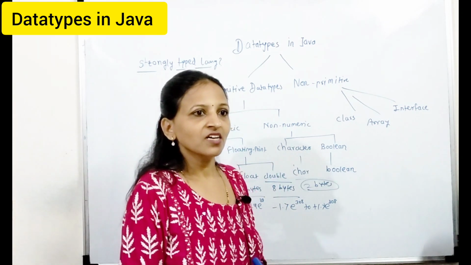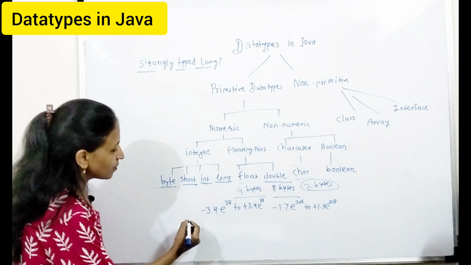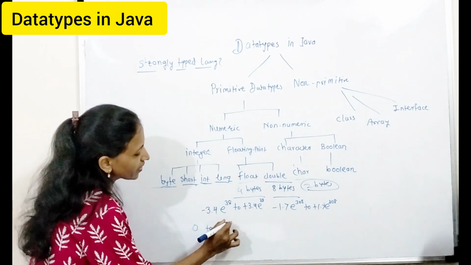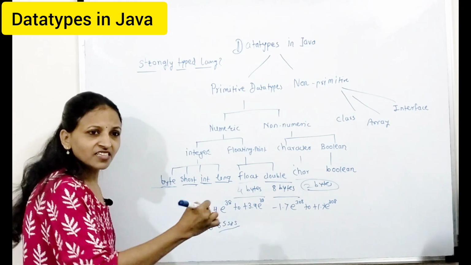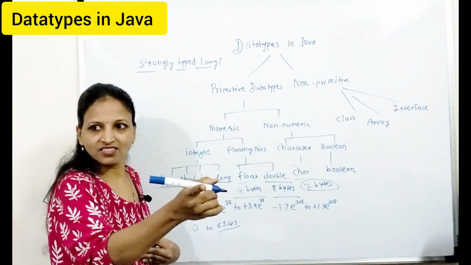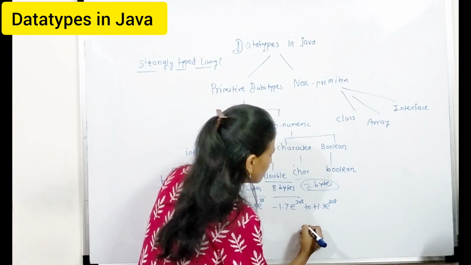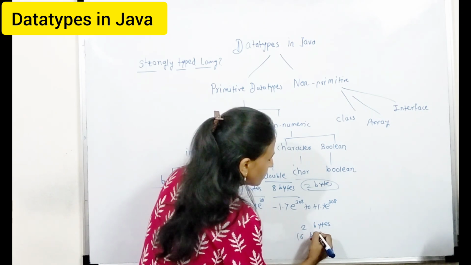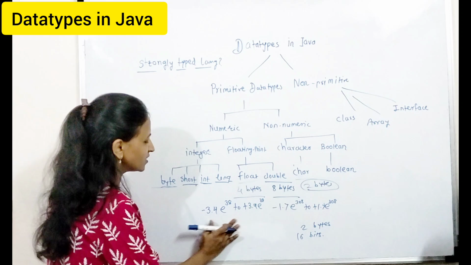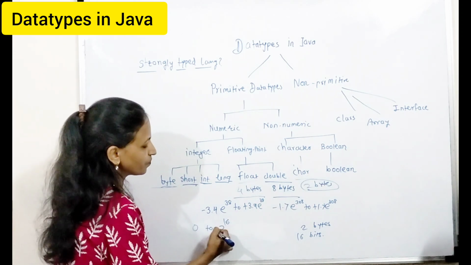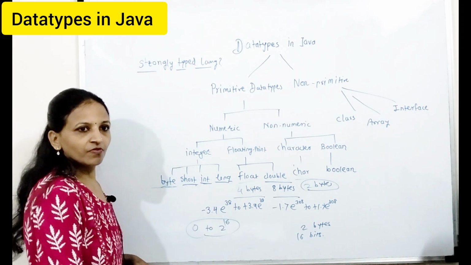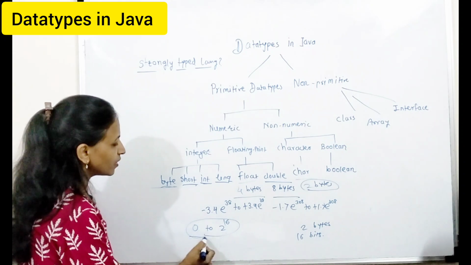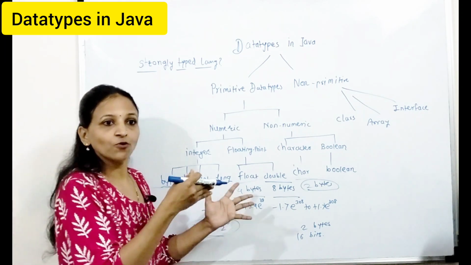Unicode means the numbers range from 0 to I think 65535, that range of positive integers, because it is having 2 bytes. 2 bytes means 16 bits, so 2 raised to 16 is the value. Getting? And that many characters it can hold.